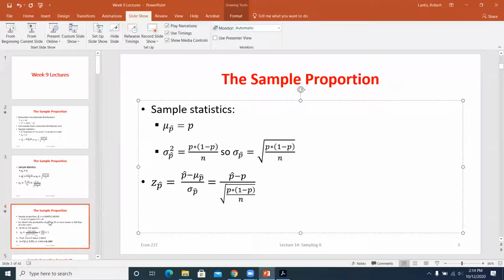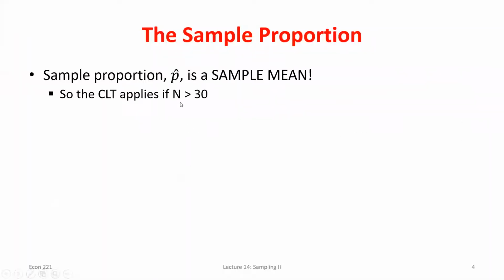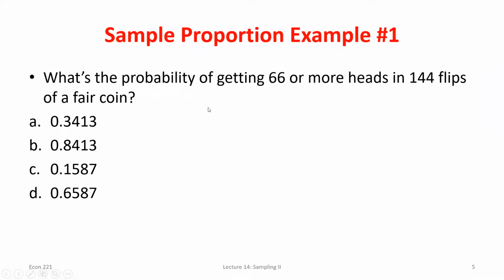All right. So let's work through one more example here. What if I wanted the probability, instead, I flip the coin 144 times, and I want to know what's the probability I see 66 out of those 144 come up heads or more.